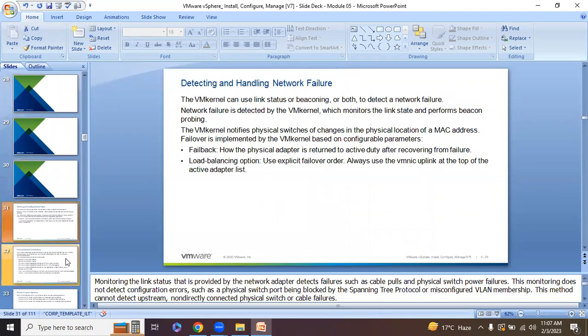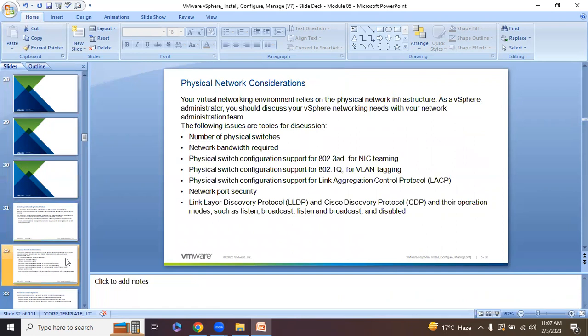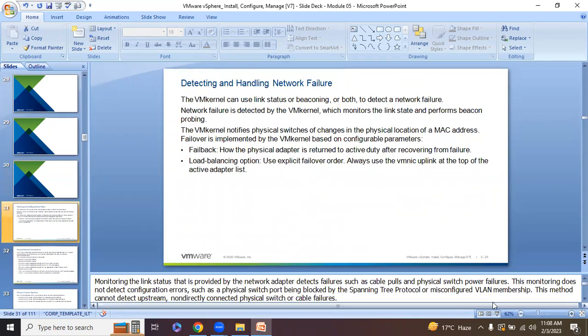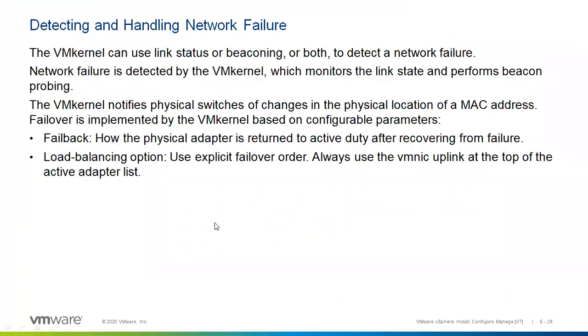Again, as I said, all the teaming policies will work only if you have two or more NICs. Otherwise, there is no definition of teaming policy. If you are using one active and one standby, it does not matter what teaming policy you are using, because you are using a single NIC for traffic in and out.